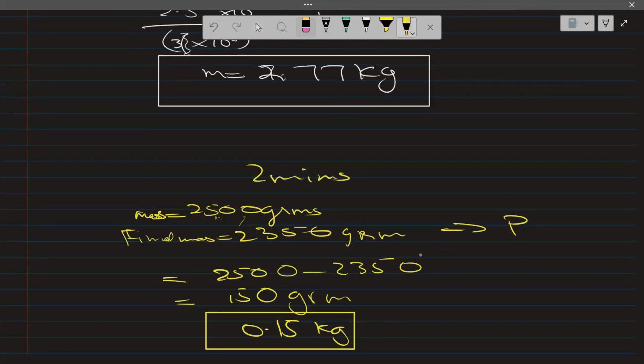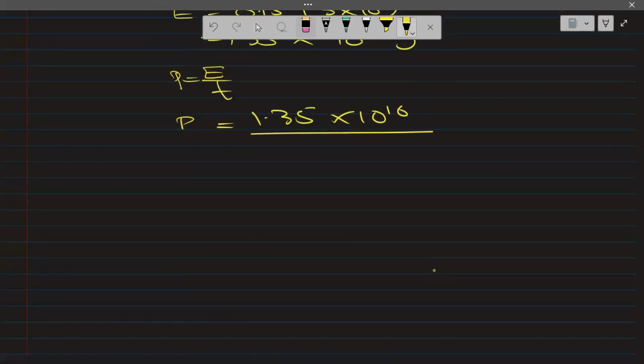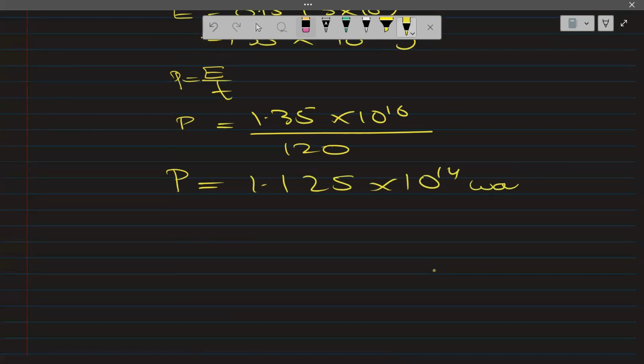First we have to convert this into 120 seconds because the SI unit is seconds. So E upon t is 120. By this, we find the P, which will be 1.125 times 10 to the power of 14 watts, right?